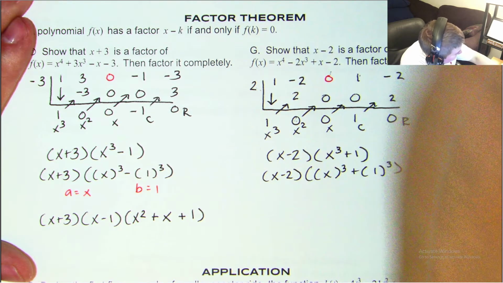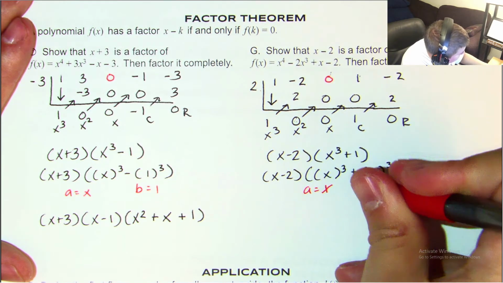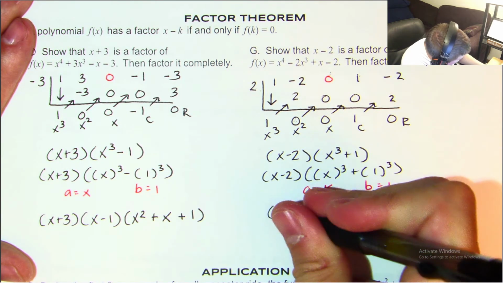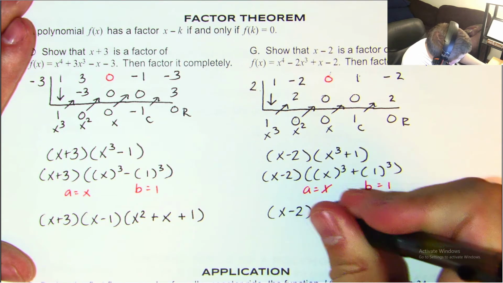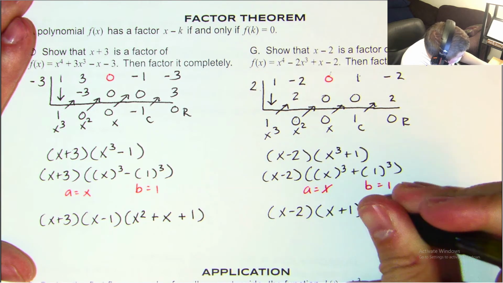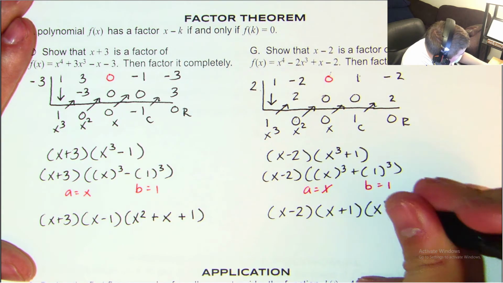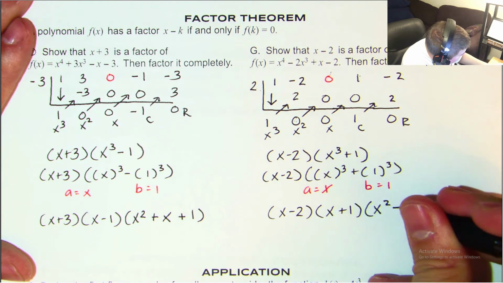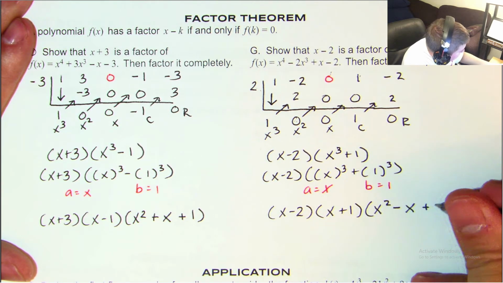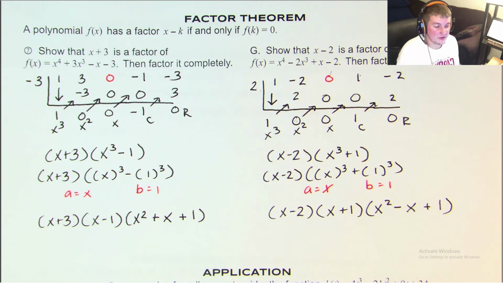So we have an a value of x and a b value of 1. Meaning this is x minus 2 times a plus b, so x plus 1, times a squared, so x squared, minus a times b, so just x, plus b squared, which is just 1. So this is what it factors into completely.